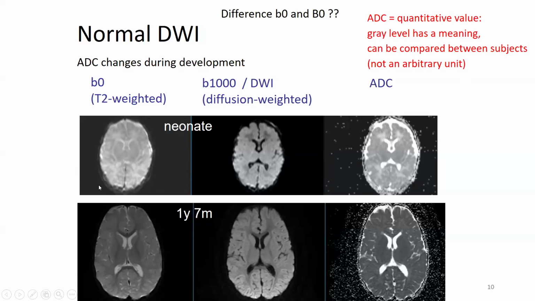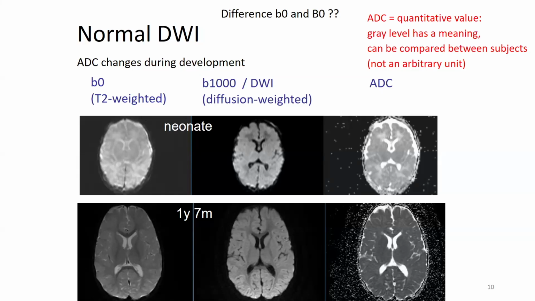Of course, I can also have a gray level here, but a gray level itself doesn't say anything. It can be 500, it can be 0.5, it can be 500,000. It doesn't mean anything, but the ADC, because it's based on two images done in the same measurement, I can calculate, and it's an absolute value.